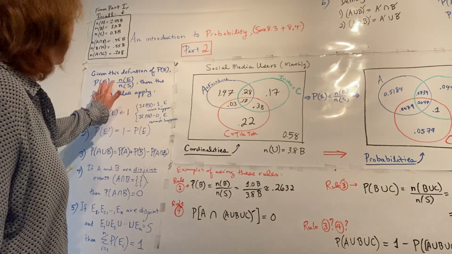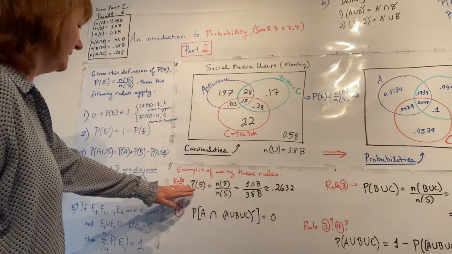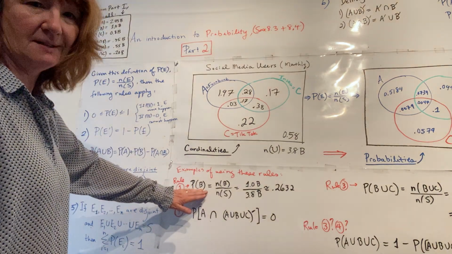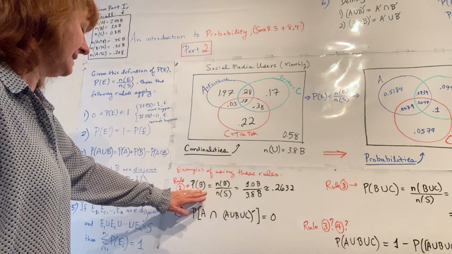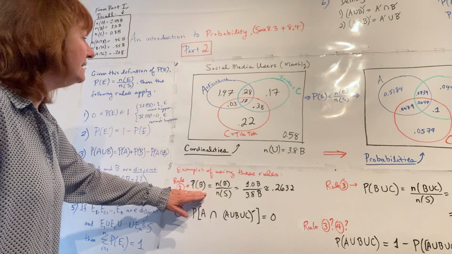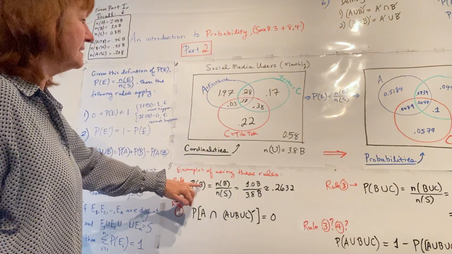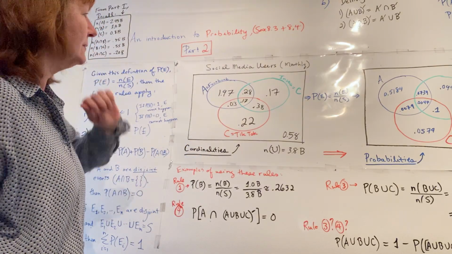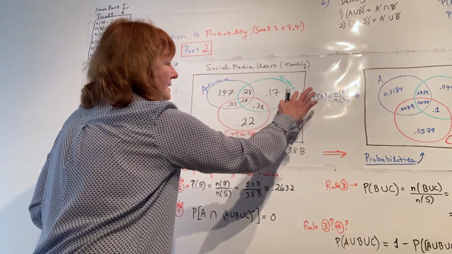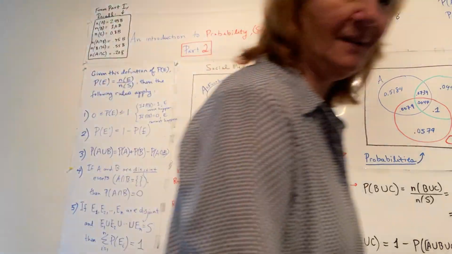Well, rule number 1, that the probability has to be some number less than or equal to 1, is illustrated by asking, what's the probability that a randomly chosen social media user is in category B? Which, if you remember, was Instagram. I don't know why I had a C there, sorry.